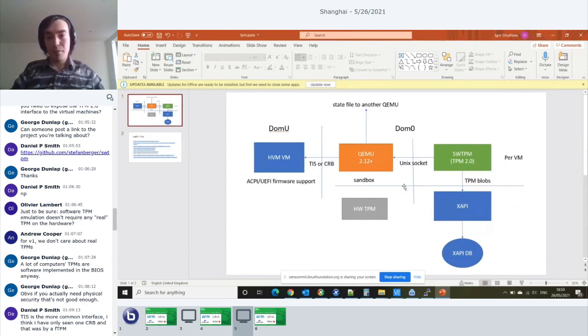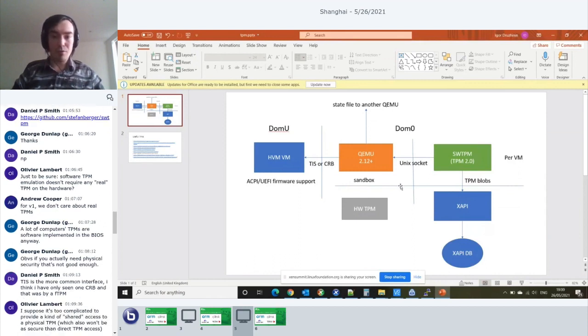Next, returning to the architecture. QEMU in libxl and in XAPI model is running in a sandbox. It is deprivileged, it is chrooted, and whatever we could disable, we disabled.